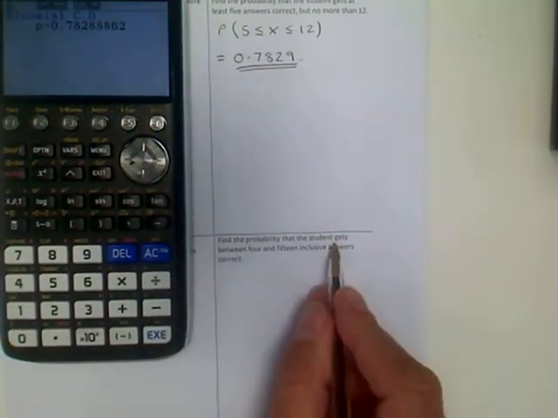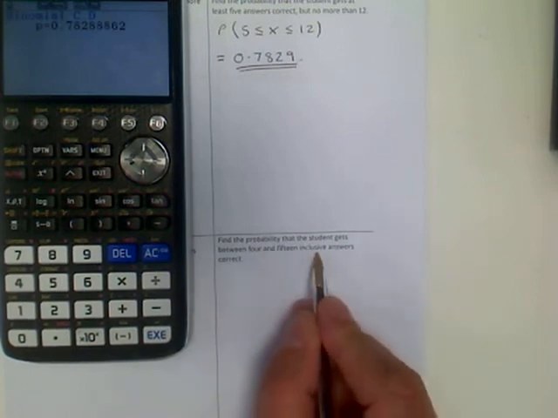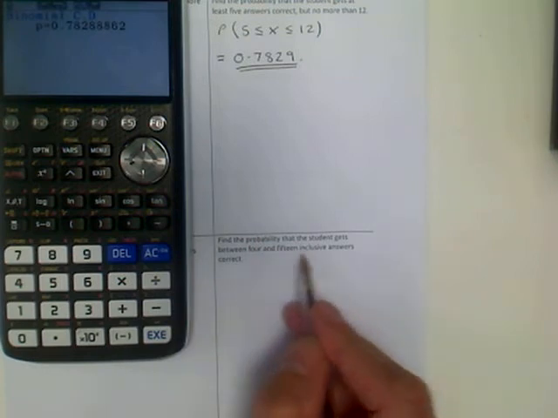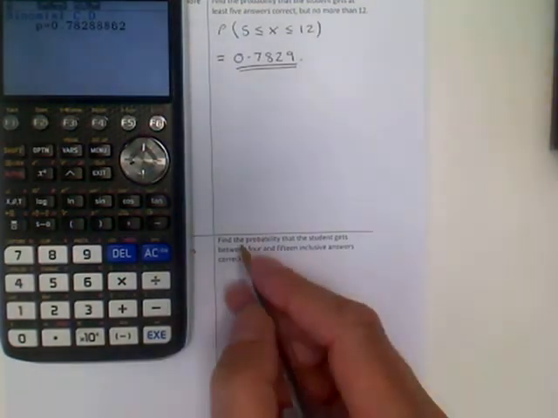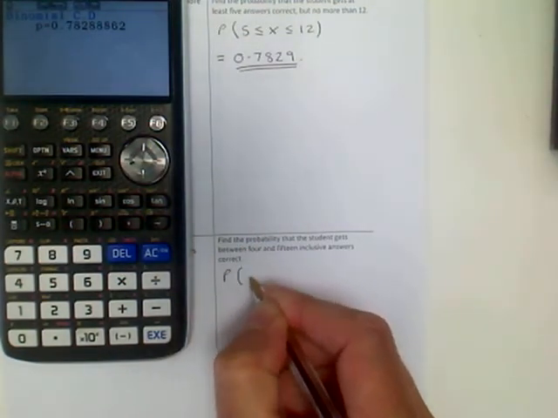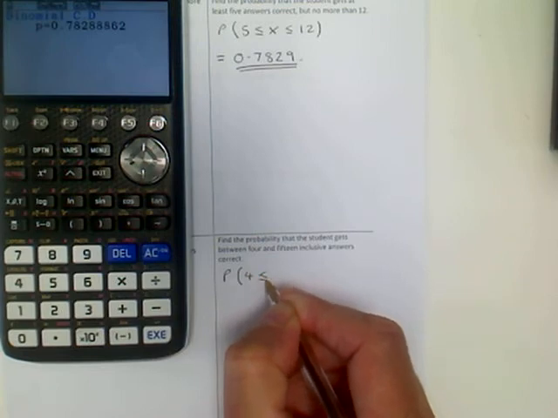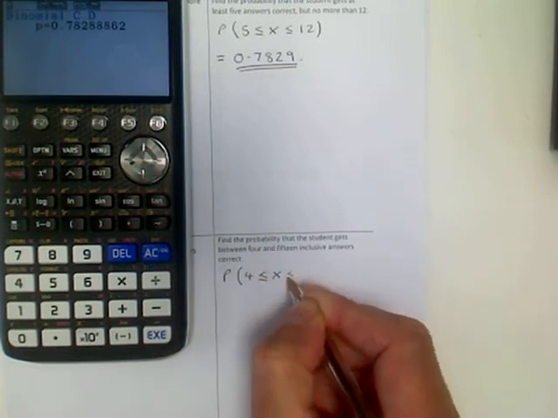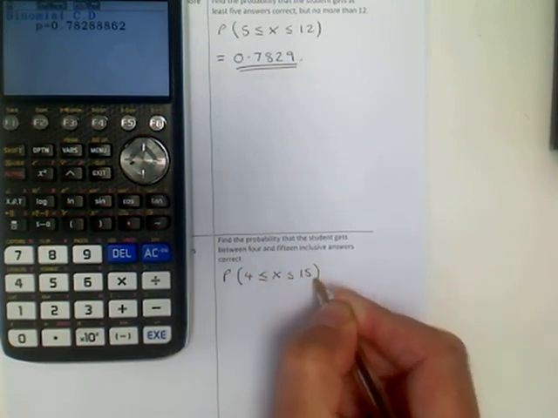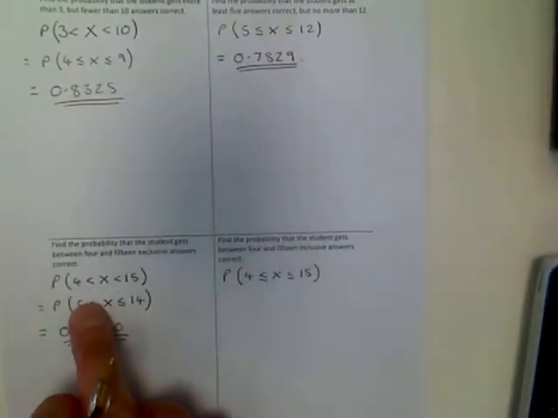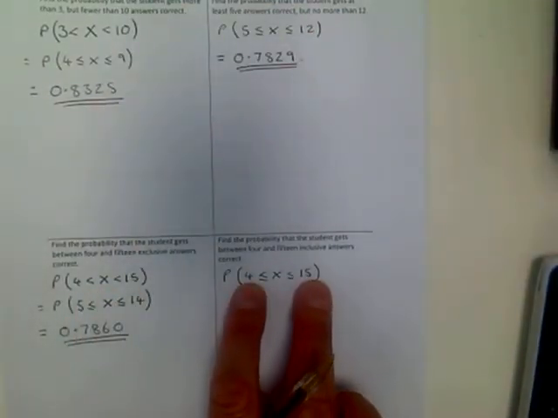Second now you try, the probability that the student gets between 4 and 15 inclusive. So I think this is saying between 4 and 15, including 4 and 15. So actually this is, I think, a relatively easy one. So this time, rather than on the one we had over here, we are including the 4 and the 15.